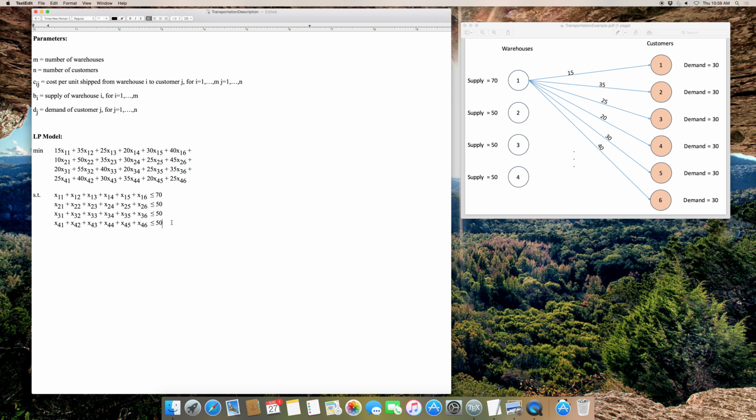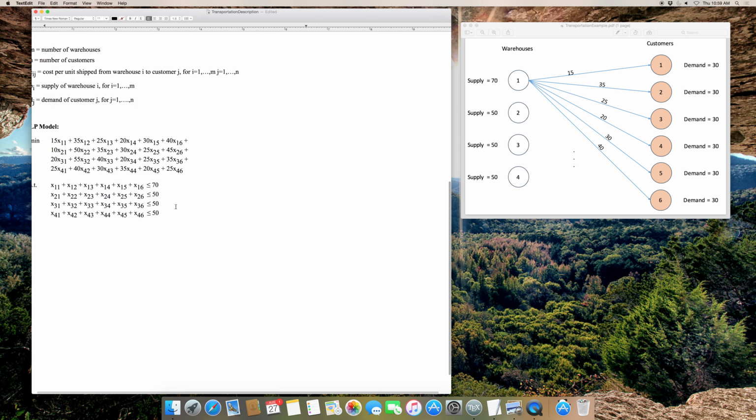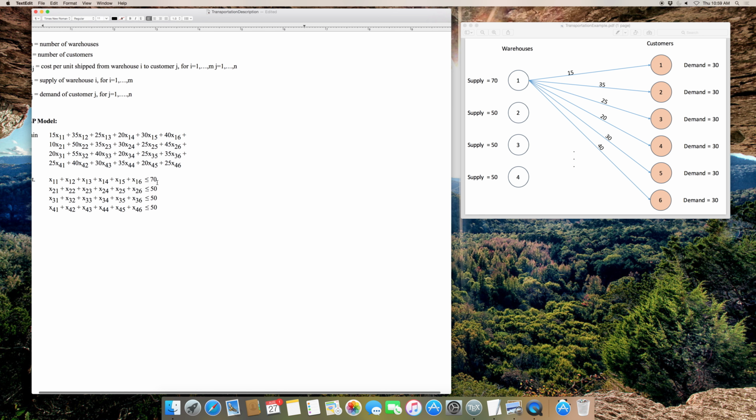For warehouse 2, all I'm doing is saying that the amount I ship out of warehouse 2 has to be less than or equal to 50, its supply. Same for 3 and same for 4. The only thing changing between these constraints is the first subscript, or that I subscript in my Xij. So this captures my supply constraints, and now I need to get to my demand constraints.